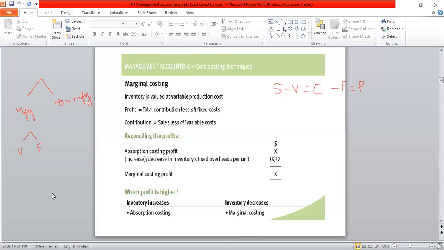Fine. Now, the difference in these two things arises in terms of how the ending inventory is treated. The ending inventory is the closing stock.